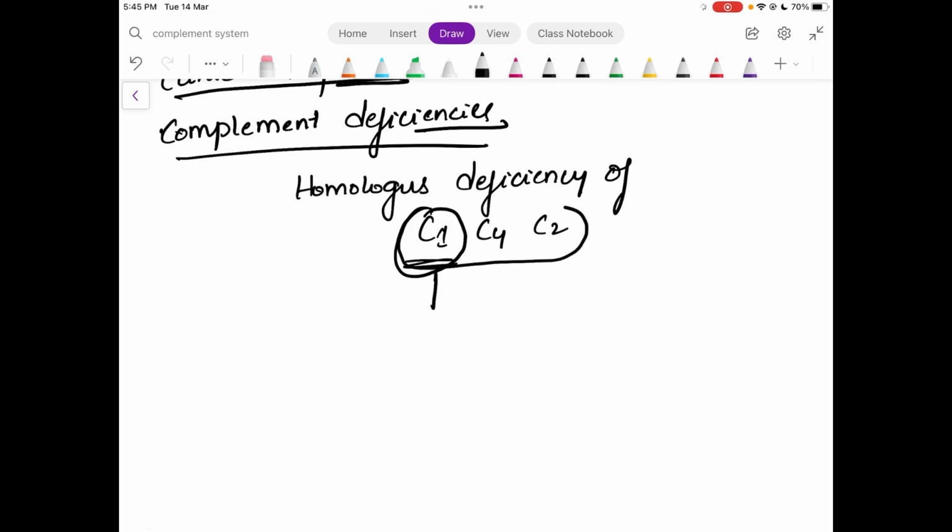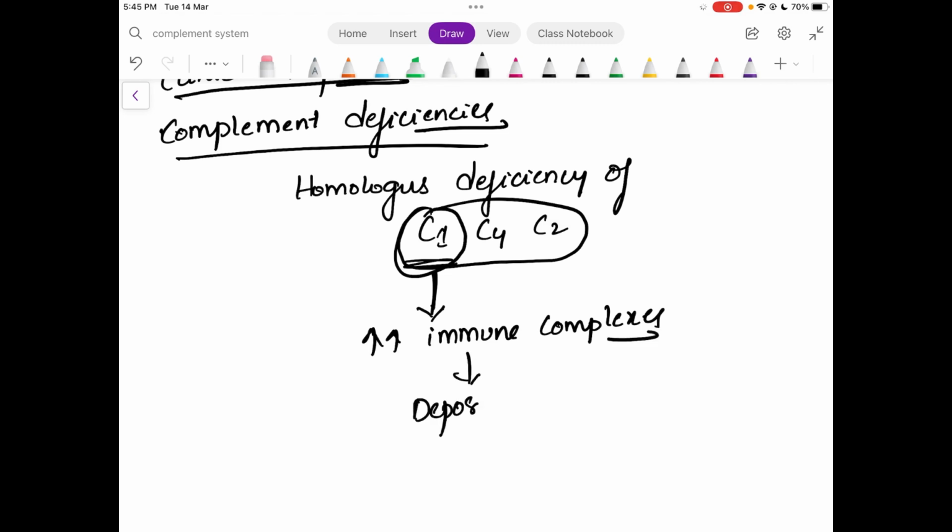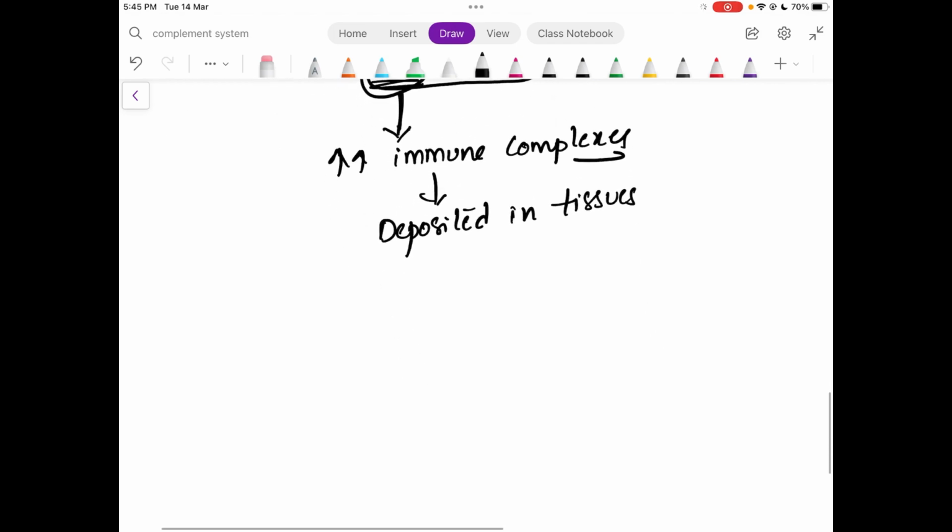If these complement systems are deficient, then what will happen? They will increase immune complexes, and these immune complexes will be deposited in tissues. If these are deposited in tissues, what will happen?